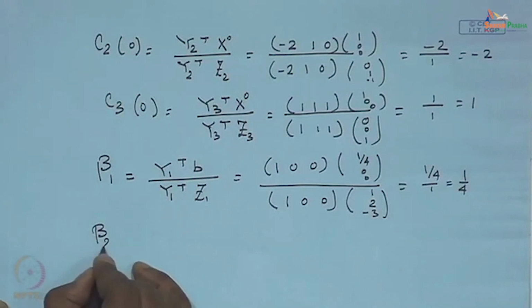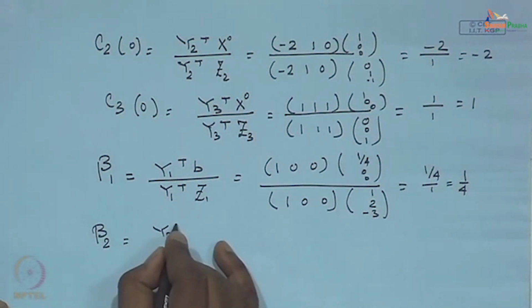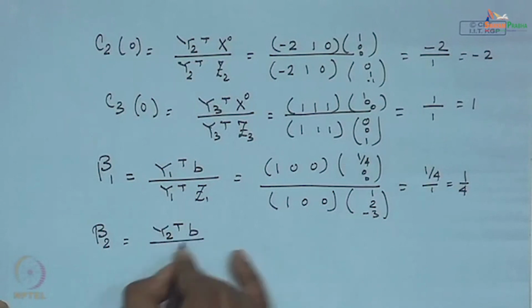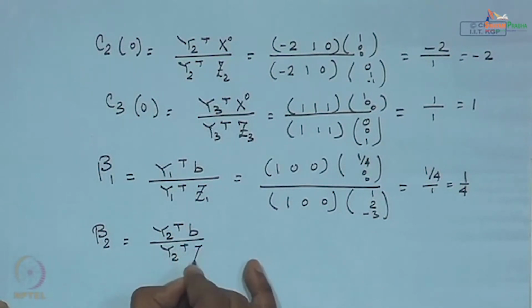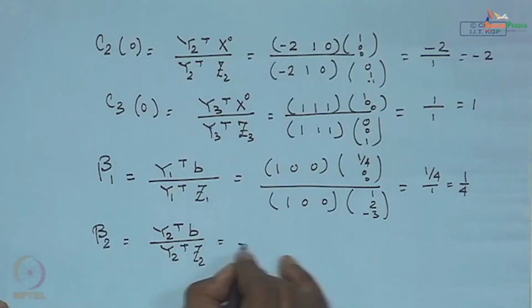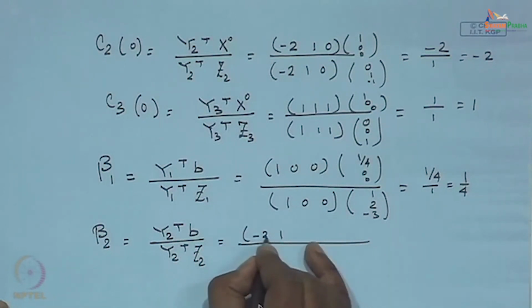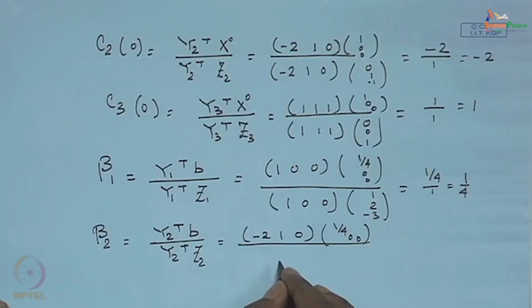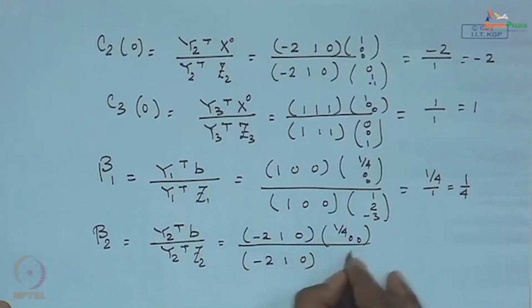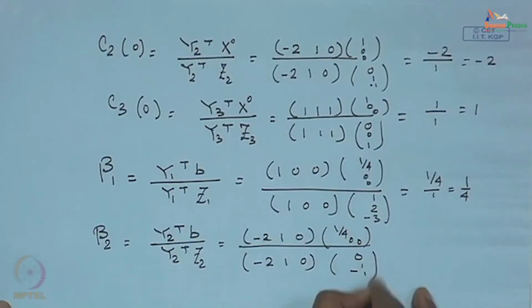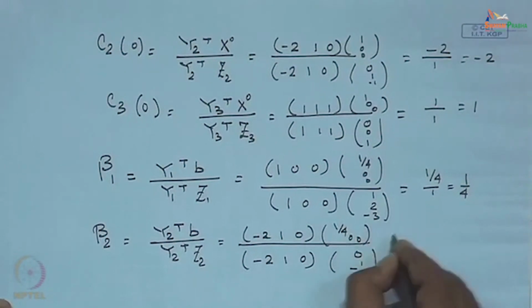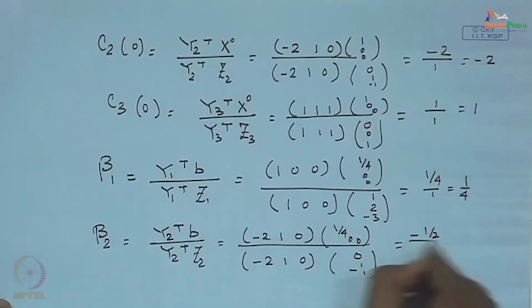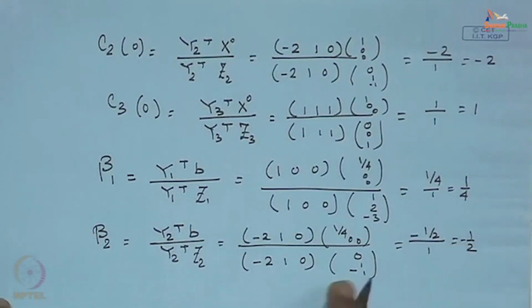Similarly, one can get beta2 as y2 transpose b divided by y2 transpose z2. This becomes [-2, 1, 0] times [1/4, 0, 0] divided by y2 transpose times z2, so [-2, 1, 0] times [0, 1, -1], the second eigenvector. This will be equal to minus half divided by 1, so it will be minus 1/2.